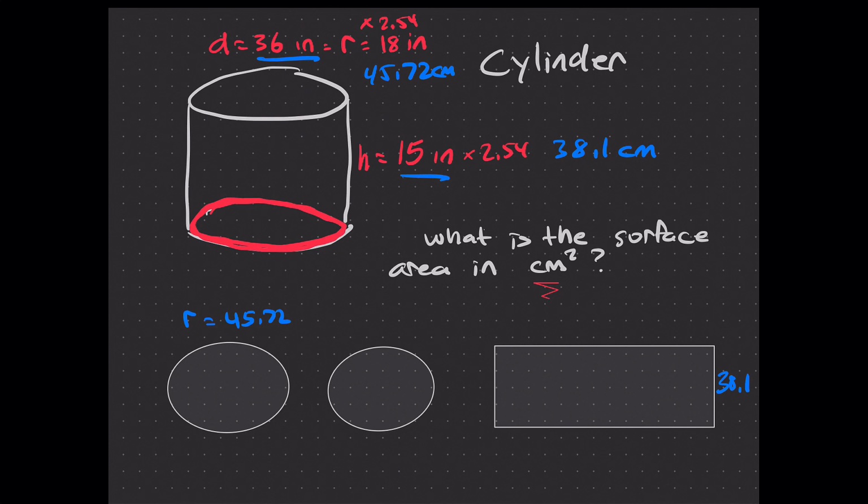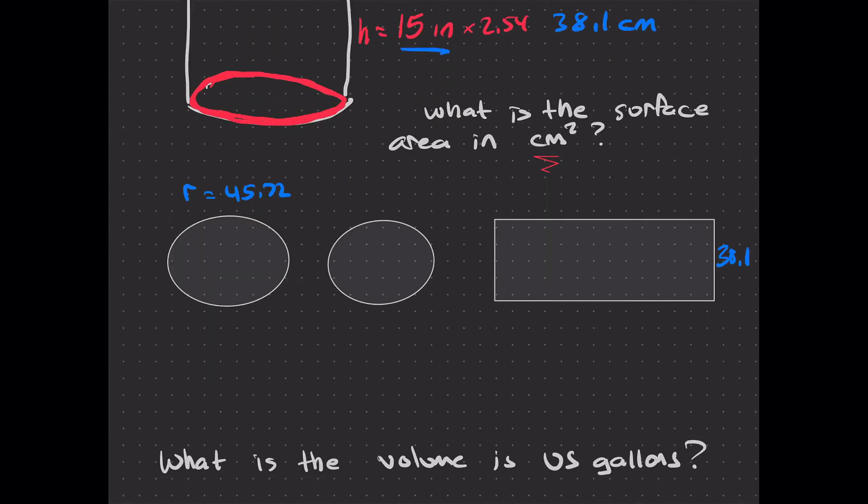So how do we calculate the circumference? Well, the circumference equals pi d, which is 2 pi r, which is equal to 2 times pi times 45.72.